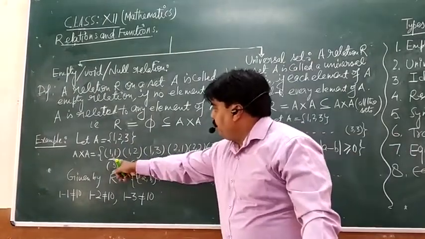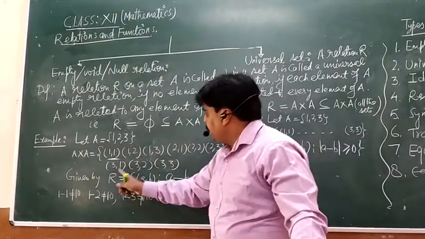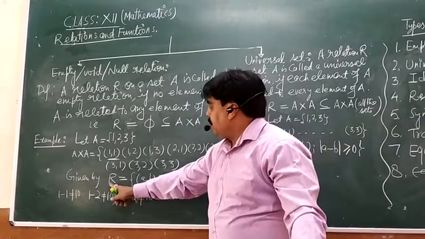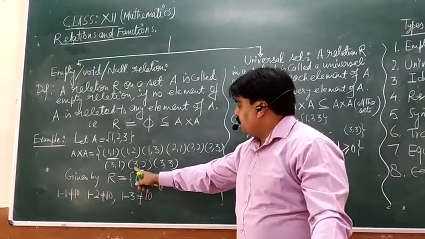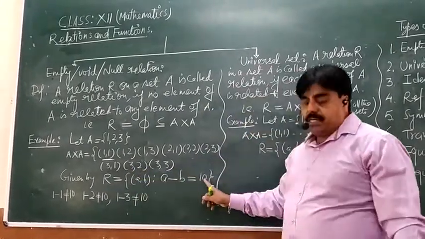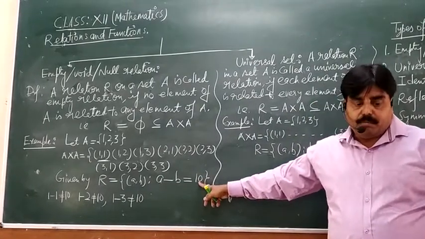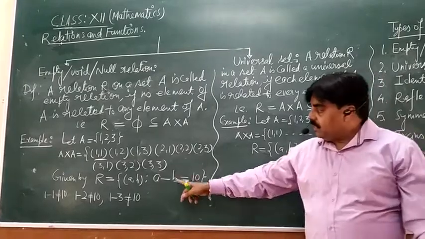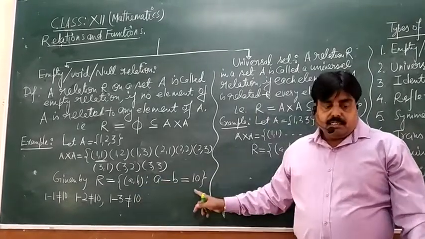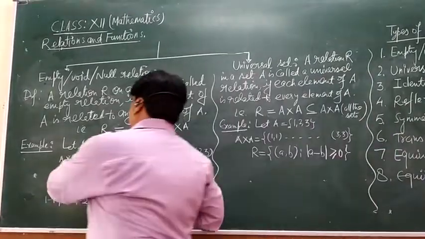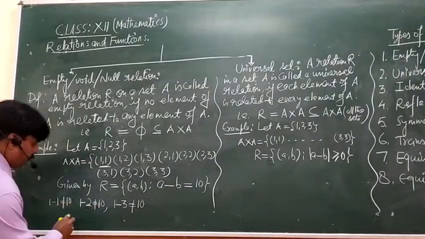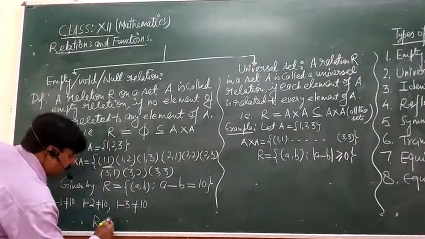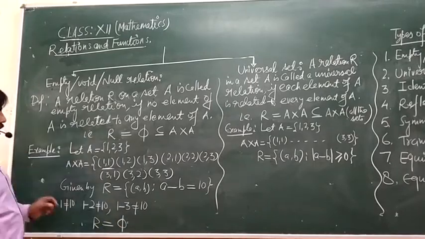If you go on, none of them will come in R, because the difference of the first component and the second component is not equal to 10. Means in the whole set, none of the pairs (a,b) you are taking is in the subset of A cross A. So therefore you can say R is an empty relation.